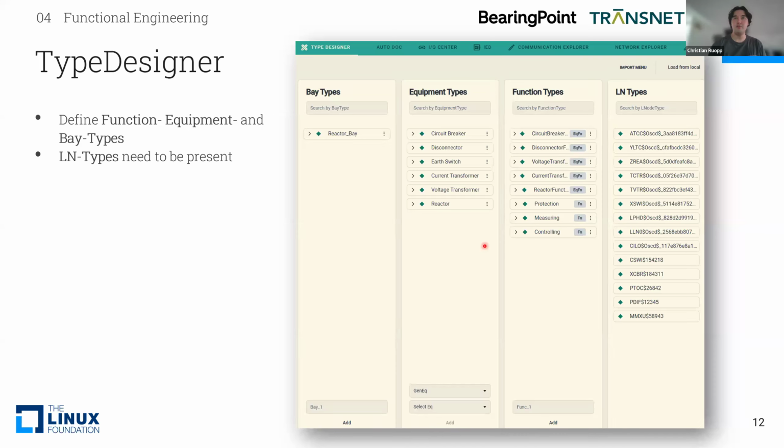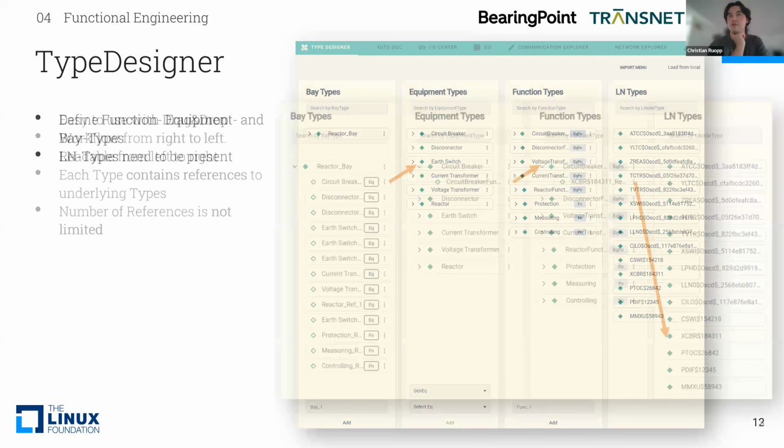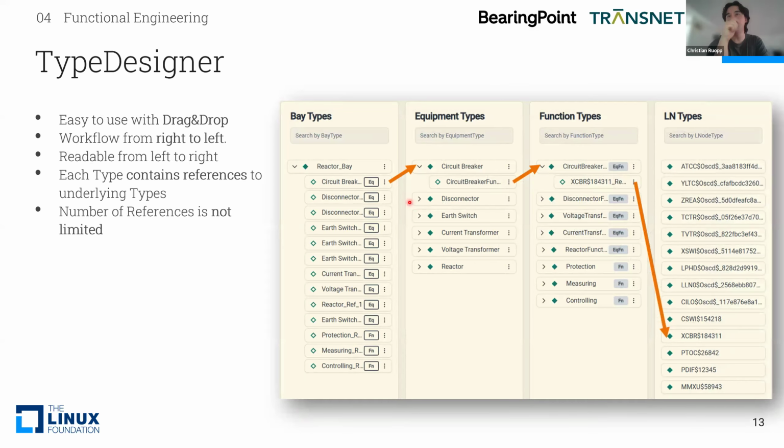And then in the last step, we drag equipment and function types into our bay type to create the functionality of our whole bay. That's the whole idea. And in the next slide, you can see how these references look like. So you have your bay type, which contains now, in this example, a circuit breaker, 2 disconnectors, 3 earth switches, and so on and so forth.